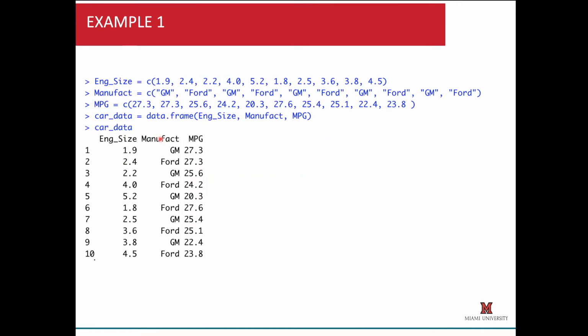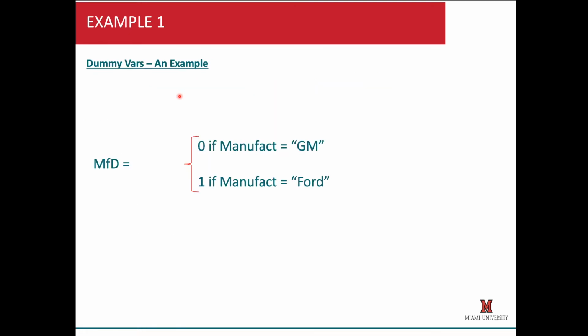In order to incorporate the manufacturer, we need to create a dummy variable. In other words, we have two levels. We have to select one of the levels as a base and then create one dummy variable for the level that is not the base. We need to create only one because we have two levels. If we had more than that, then we need to create the number of dummy variables accordingly.